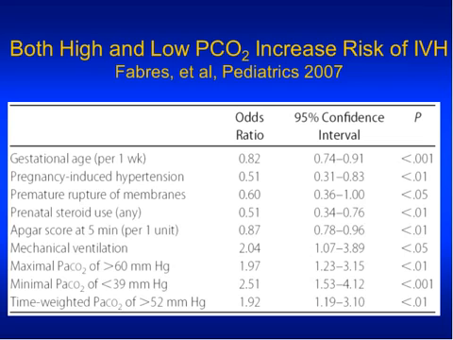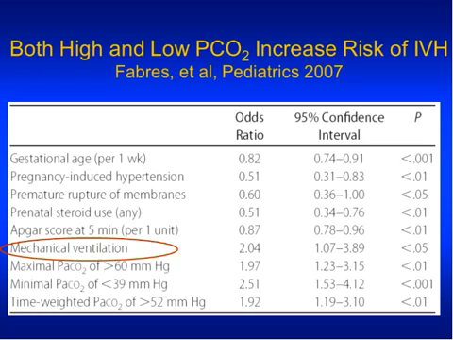So here's some more data, just to impress you about the importance of trying to keep tight control on the PCO2. This is a large observational study where they looked at what factors are associated with increased risk of severe intraventricular hemorrhage. And disappointingly, ventilation by itself, in multivariate analysis, was in fact responsible for a significant increase, a doubling of the risk of severe intraventricular hemorrhage.